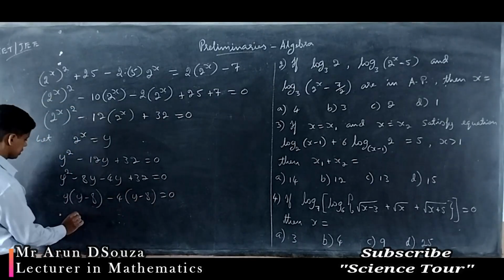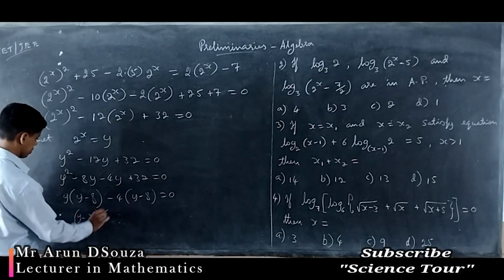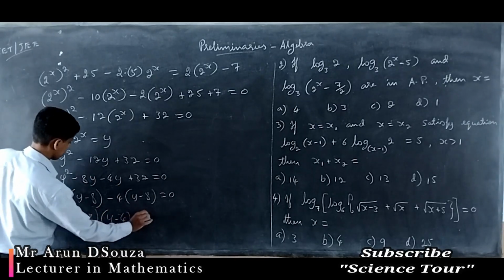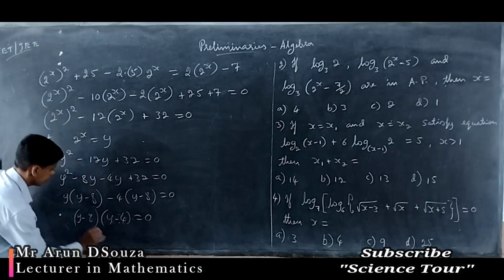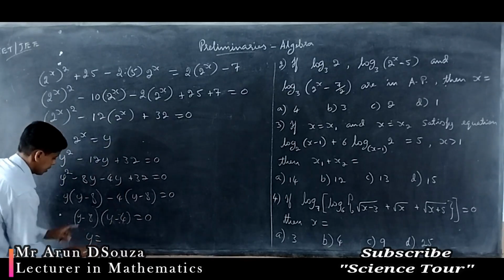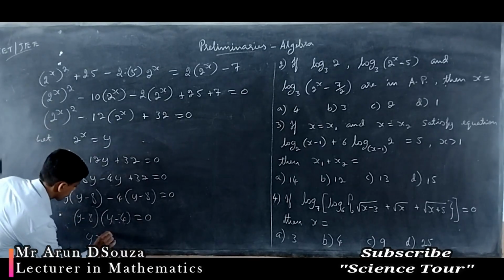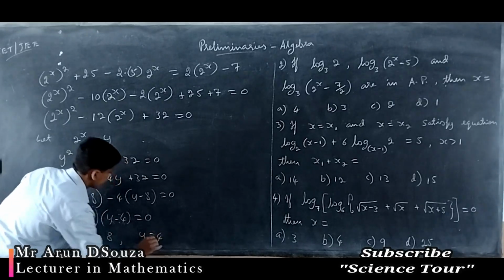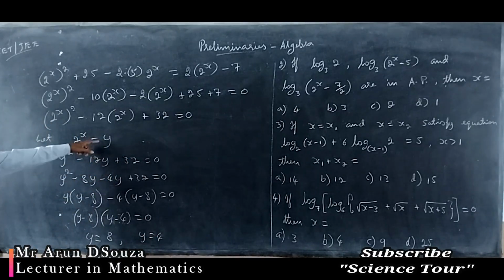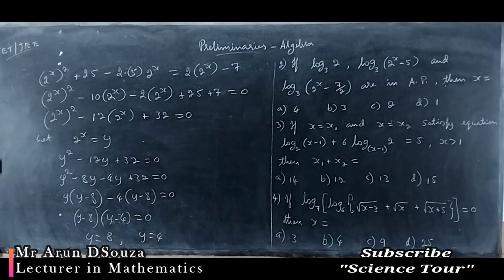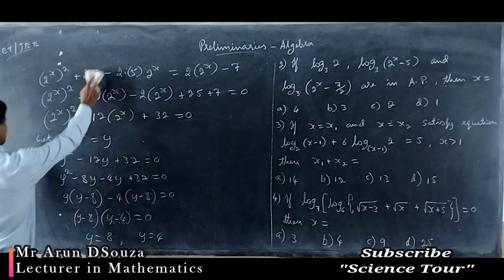If you take y minus 8 common, you will get two values for y, correct. One value is 8 and the other value is 4. So you got two values for y, therefore you will get two values for x.